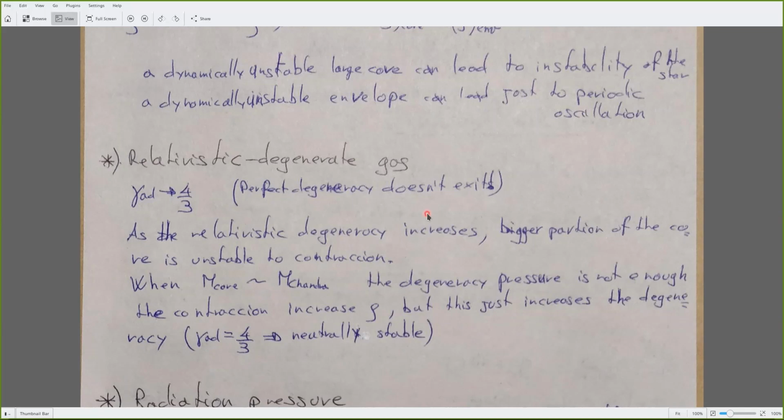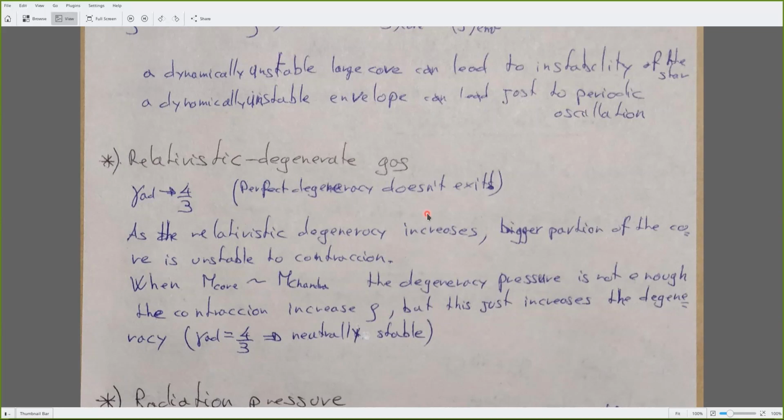In the core, maybe in the center, the degeneracy is really high, almost complete, but through the core it just decreases; it can be 90% degeneracy. It is not perfect.